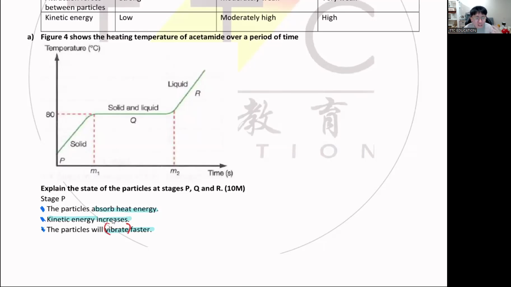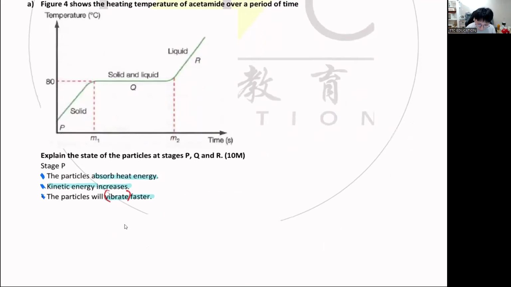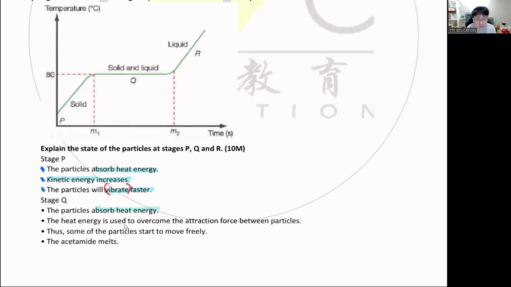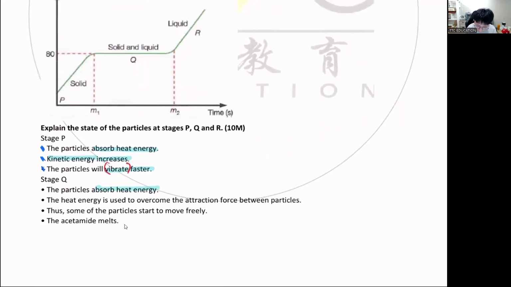So absorbing heat energy is still there, but it's not used to increase kinetic energy anymore. It's used to overcome the force of attraction, and they will actually become further away. So you have to include that heat energy is used to overcome the attraction force between particles. So they start to move freely and it starts to melt. Again, guys, don't put the points, okay?